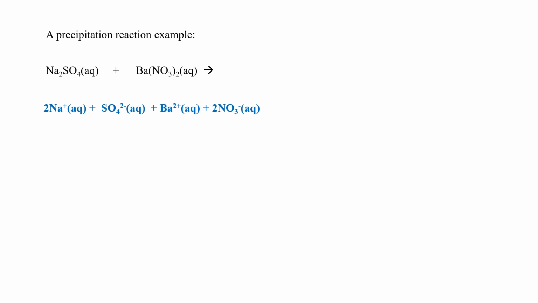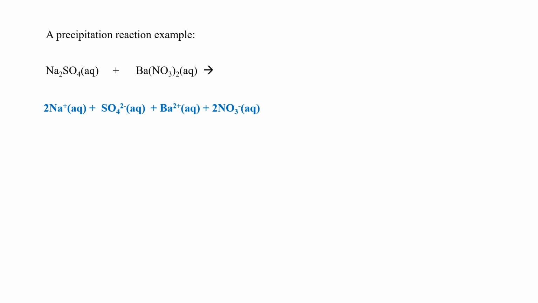Once we know what ions we have in solution, we can imagine mixing these two things and thinking about what might happen. Now that the two substances are in the same solution, could they form some insoluble compound? Sodium salts are always soluble and nitrate salts are always soluble, so they're not really capable of forming insoluble substances.